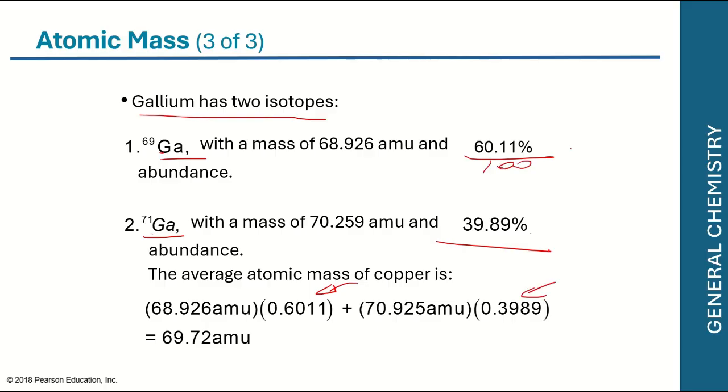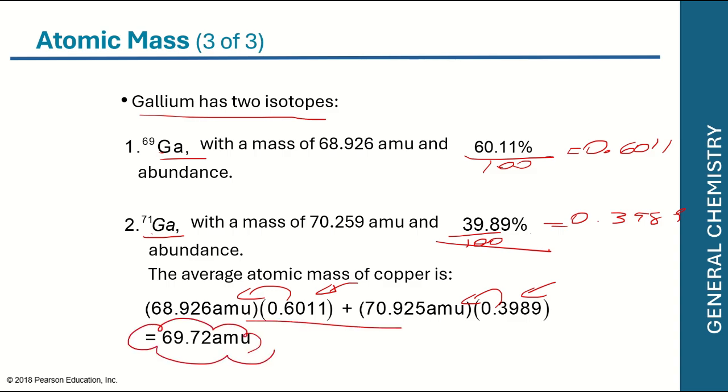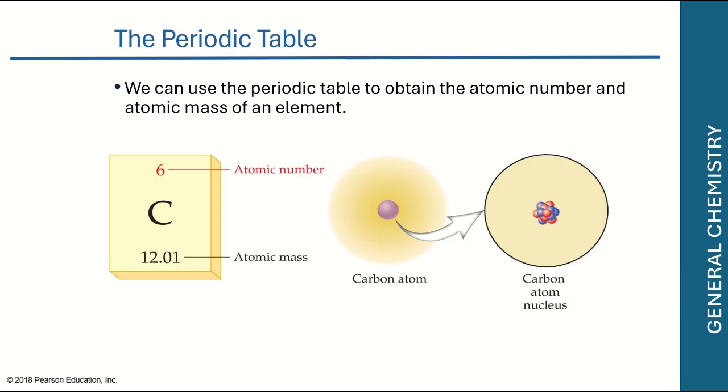So divide by 100, so we have 0.6011, and here divide by 100 because you need to take out the percentage. You have 0.3989. Okay, so then you can multiply each mass by the percentage and add together. So you have the mass in atomic mass units. AMU is atomic mass unit. Okay, that's the way that you're going to calculate.